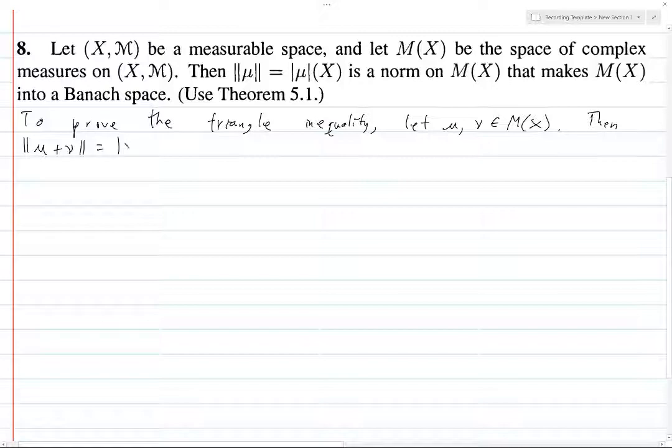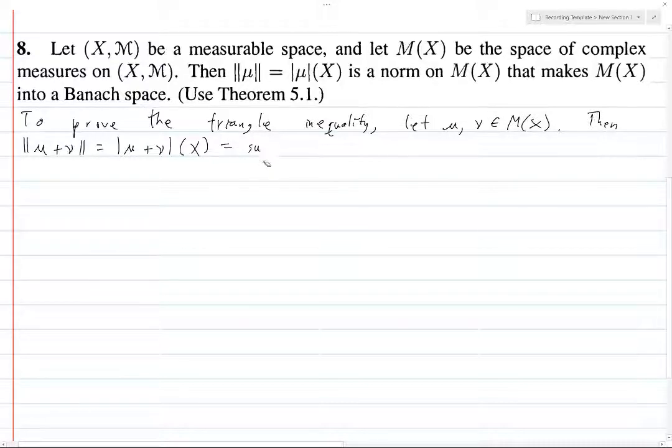This is by definition mu plus nu of X, because the norm is defined as the measure of the space.